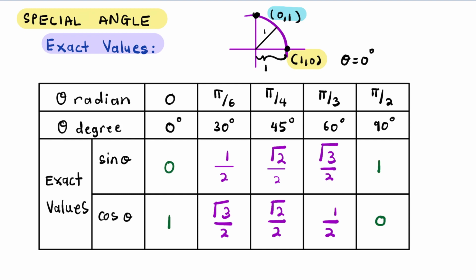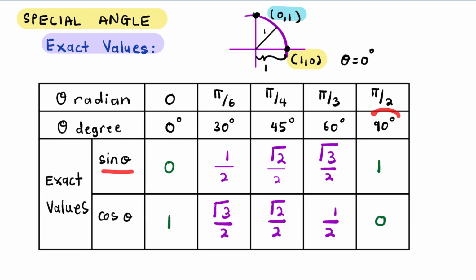So these are the exact values of the special angles 0, 30 degrees, 45, 60, and 90. What does it tell us? Sine 30 degrees gives half. Sine 45 degrees gives square root 2 over 2. Sine 60 degrees gives square root 3 over 2.